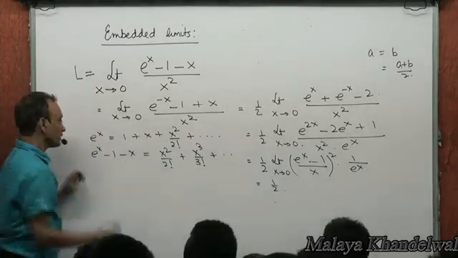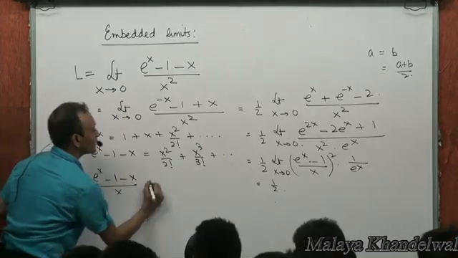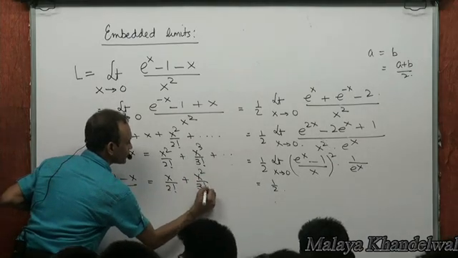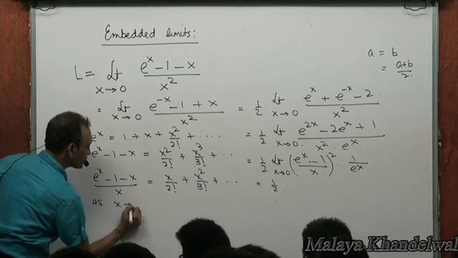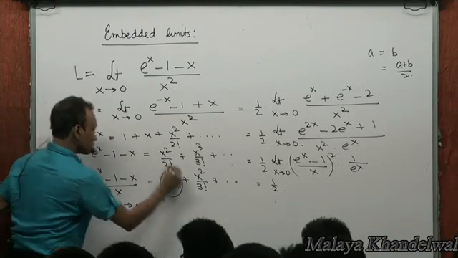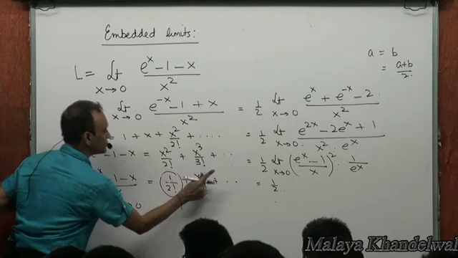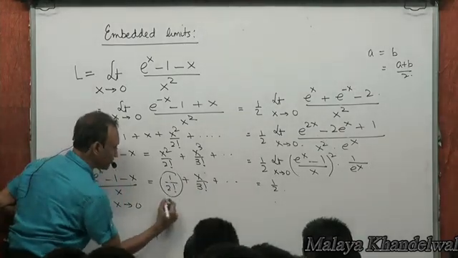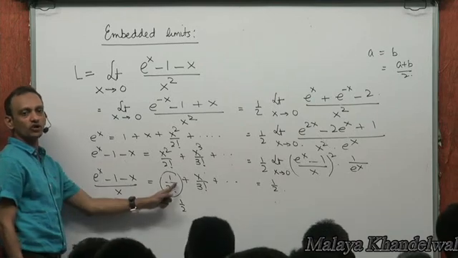Divide by x, e power x minus 1 minus x by x, which is like x by 2 factorial plus x square by 3 factorial and so on. As x tends to 0, dividing by x, 1 plus x by 3 factorial, this whole thing tends to half. So limit of this as x tends to 0 is half.